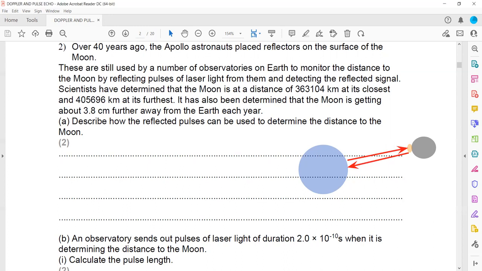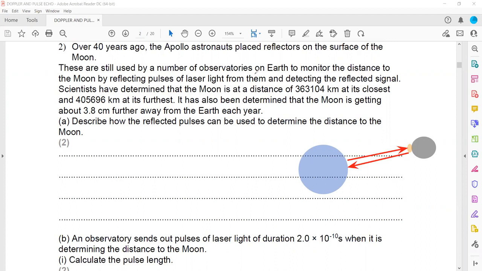So the scientists have determined that the moon is at a distance of 363,104 kilometers at its closest and 405,696 kilometers at its furthest. So this distance is not constant, it is changing.